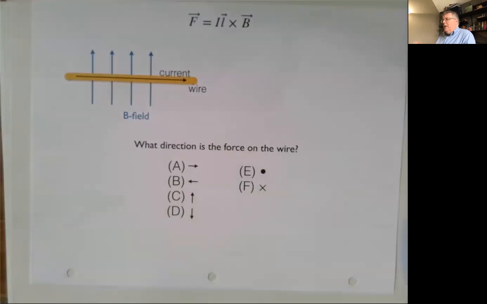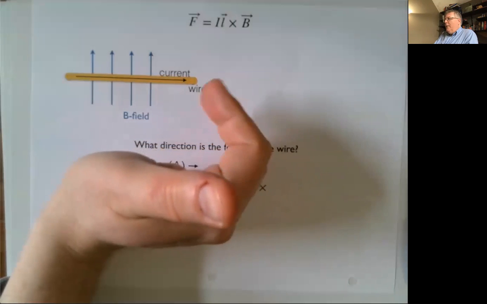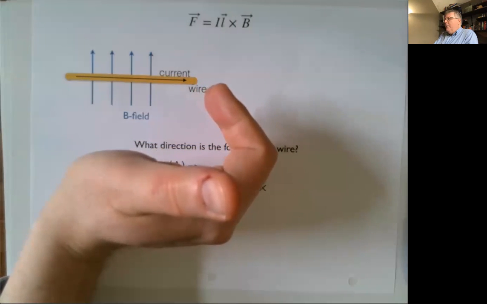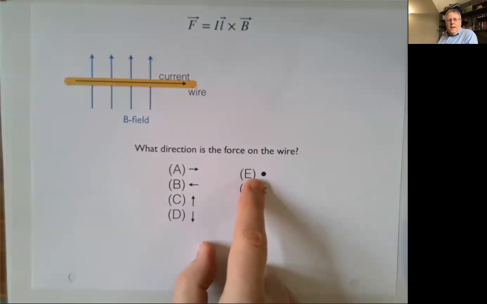Okay. So the current is running to the right, and I curl my fingers in the direction of the B field, and so my thumb points out of the page. So you're right, that's E. Correct.